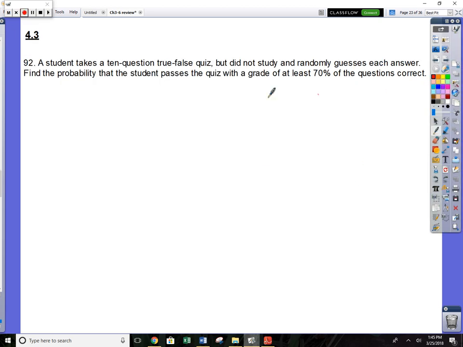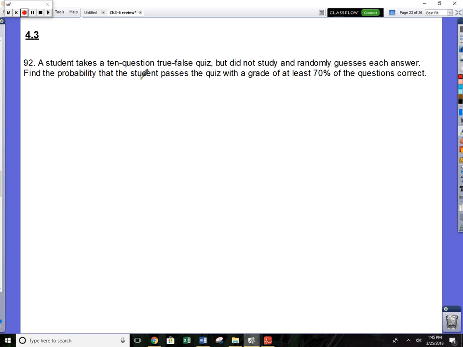Okay, so here we go. 92. A student takes a 10-question true-false quiz. Did not study. Randomly guesses each answer. What is the probability that the student passes the quiz with a grade of at least 70%? Okay, so X is going to be a binomial distribution. N is going to be 10.